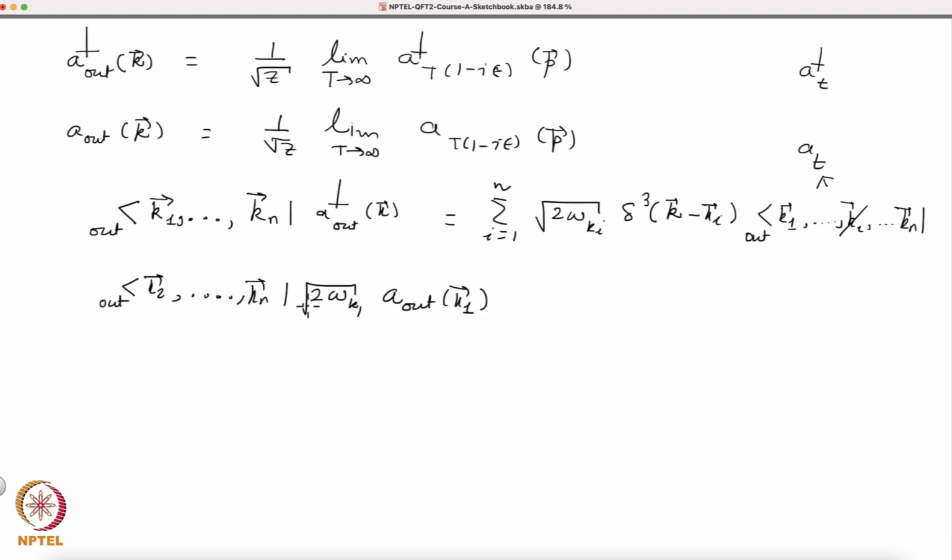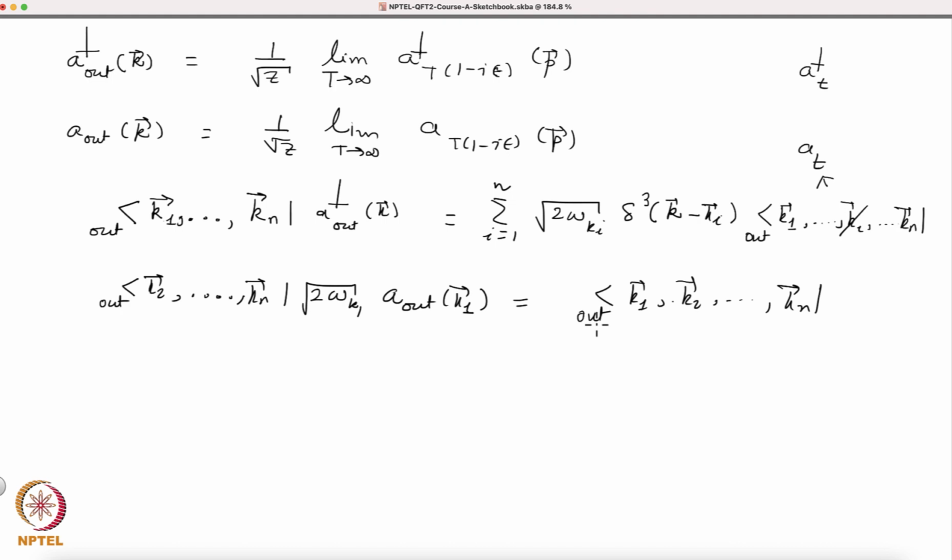That's coming again from normalization. So essentially if you take this a out and act on this ket, this out state, it will insert this label k1. So the state you get carries one more label k1. Okay, so this is equal to this out state.